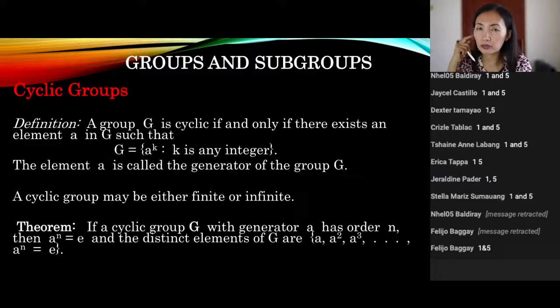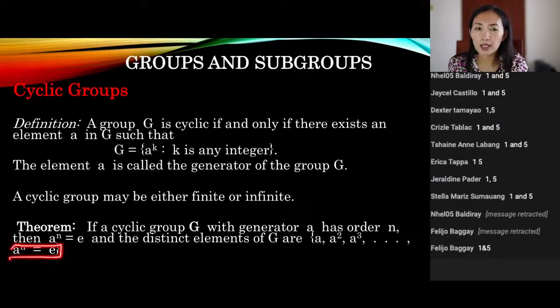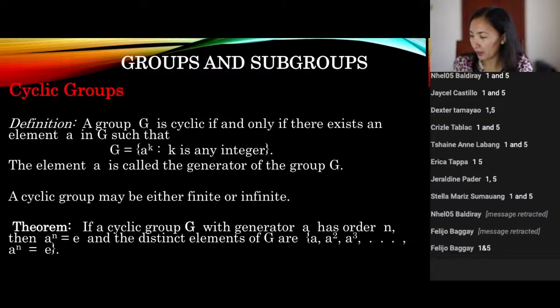Okay, order of 1 is 6, remember? A raised to n gives the identity element. And the distinct elements of G are A, A squared, A cubed, until A to the n, which gives the identity element. Questions so far? Tama naman. Tama naman kayo.